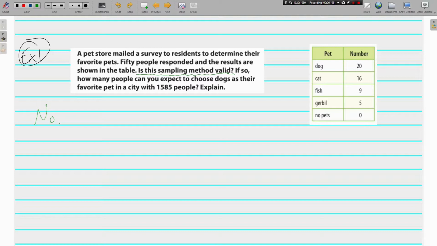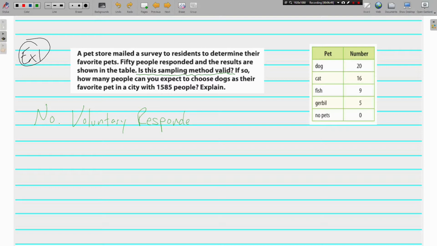Well, the pet store mailed a survey to residents. 50 people responded. This is a voluntary response survey. No one was forcing them to take it. They just mailed it out to everybody, and only 50 people responded. So it's not a good representative for the entire population.